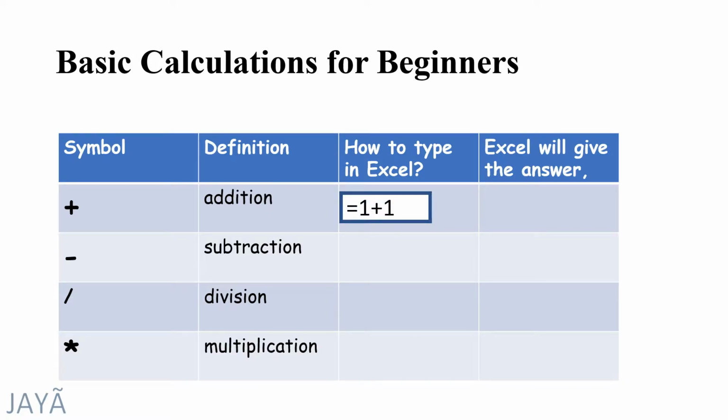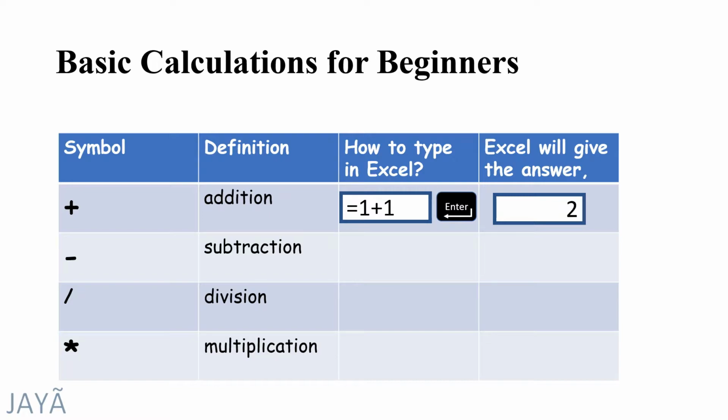First, type the equal sign, then number 1, then plus sign, and again type the number 1. We are done with typing the formula now, and then we need to press the enter button in our keyboard. And the moment you press the enter, Excel will give the answer. It is simple, but keep in mind, always we have to start by typing the equal sign. Then only Excel will recognize it as a formula.